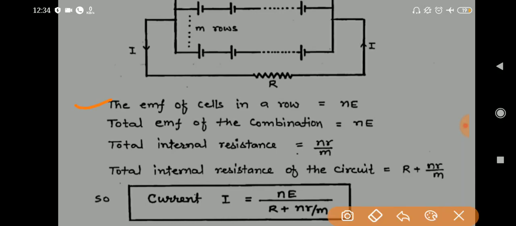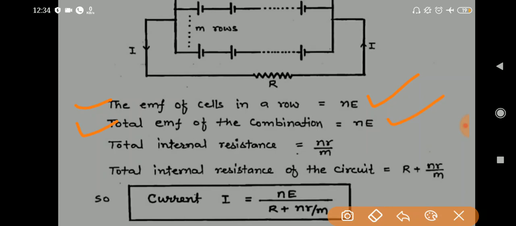First, the EMF of cells in each row is nE, because in a row there are small n cells and each cell has EMF E.